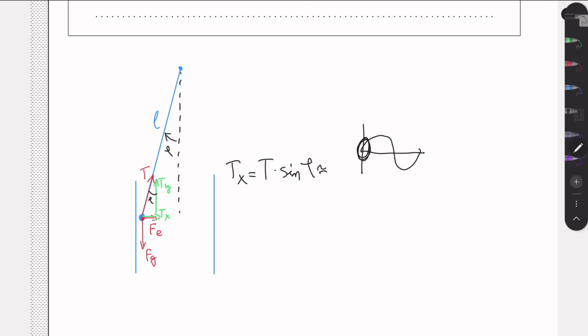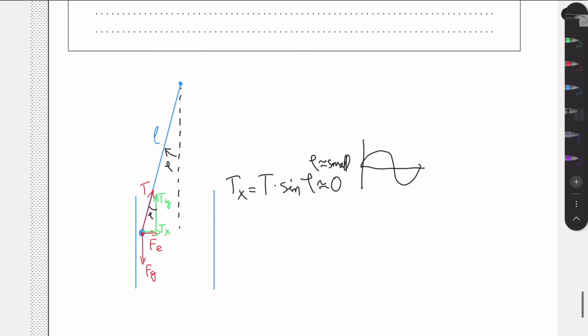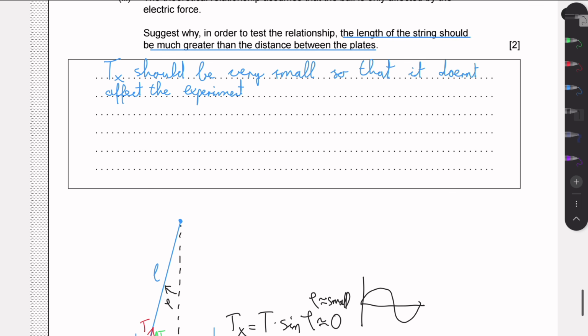Therefore, Tx will be close to 0 if phi is small. So for very small values, sine phi is approximately equal to phi, and we want this to be very small. The way we can do this is by making this length much larger than the distance between the plates. So yeah, this is kind of the reasoning here.